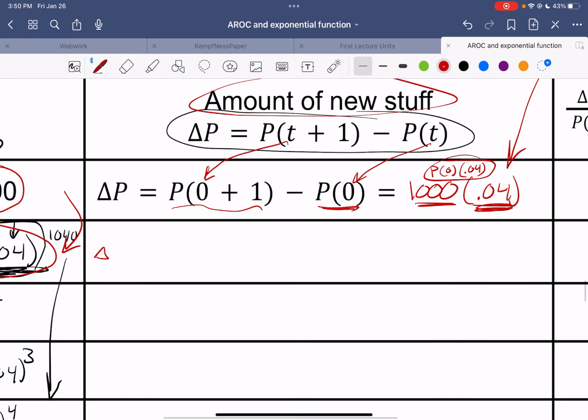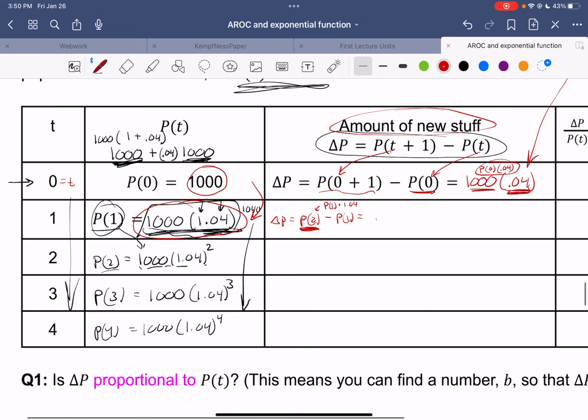All right, if we figure out our new change over here, this is going to be how much is at minute 2 minus how much is at minute 1, okay? If you work it out, well, look, let's just remember, like, what was minute 2? Minute 2 was the population at minute 1 times 1.04. That's how we get from here to here, right? We multiplied by another factor of 1.04.